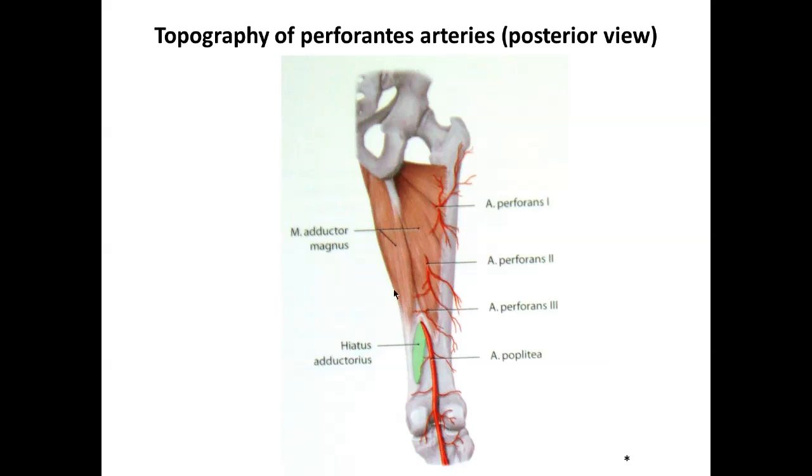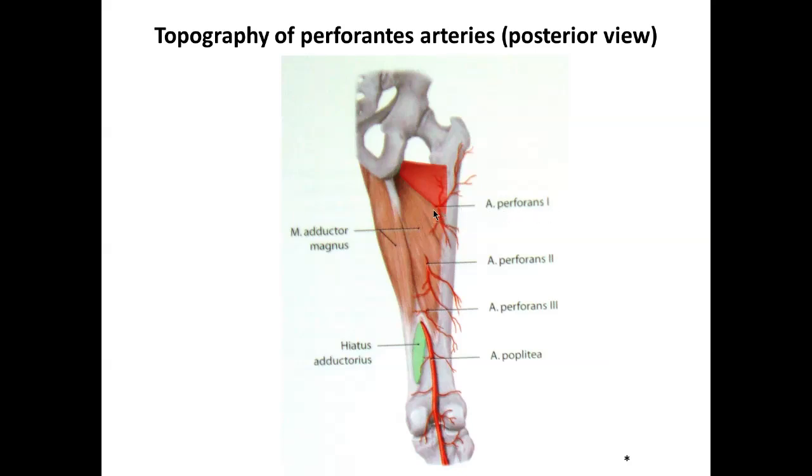All these muscles belong to adductor magnus, and the most superior part of it, which I colorize now with red color, is the border for the first perforans.